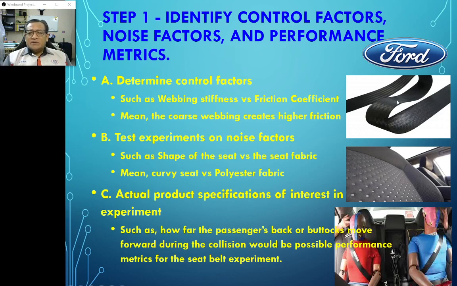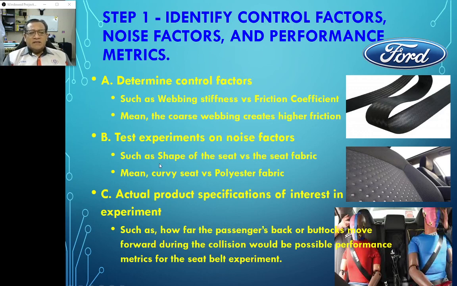So when it comes in contact with the clothing of the passengers, there is a higher holding factor. It means that the coarser the webbing, the higher the friction ratio it influences between the belts and the passenger. Okay, that is the control factors.